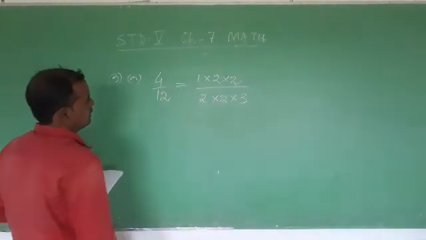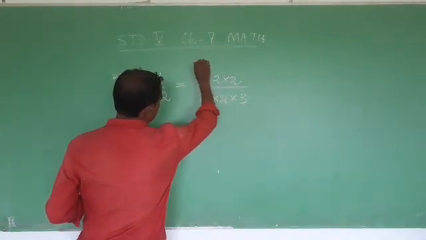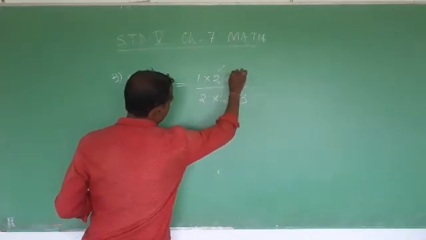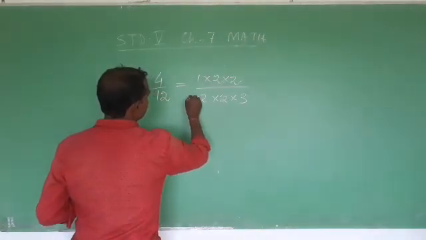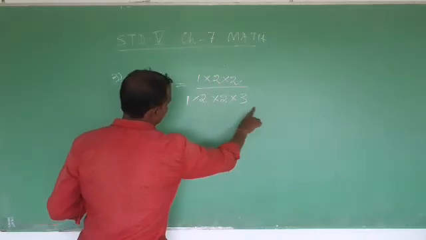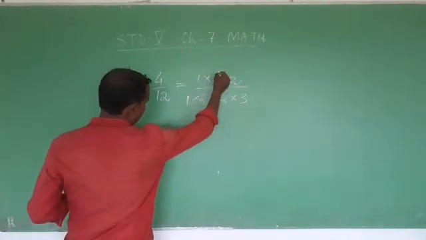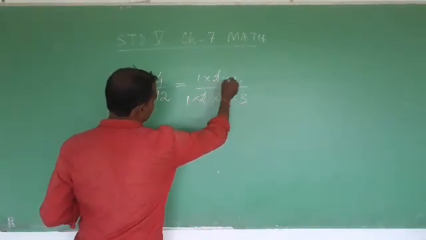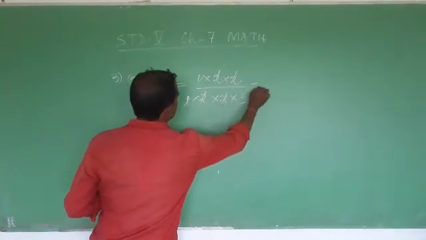So here in the prime factorization of the numerator, you will find two factors, 2 and 1. Okay. Here you find 2 in the prime factorization of the denominator also. So now you can cancel the common factors. Okay. 2 cancels 2, again 2 cancels 2, 1 cancels 1. So it will be what?